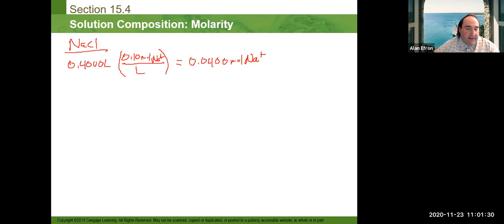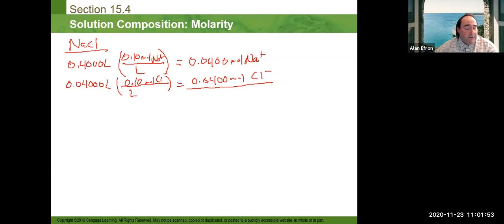We're going to do the same calculation for our chloride: 0.4 liters times also our 0.1 moles of chloride per liter, going to give us 0.04 moles of chloride ions. So the grand total of ions in terms of moles in the sodium chloride solution is going to be 0.08 moles. So our total moles.